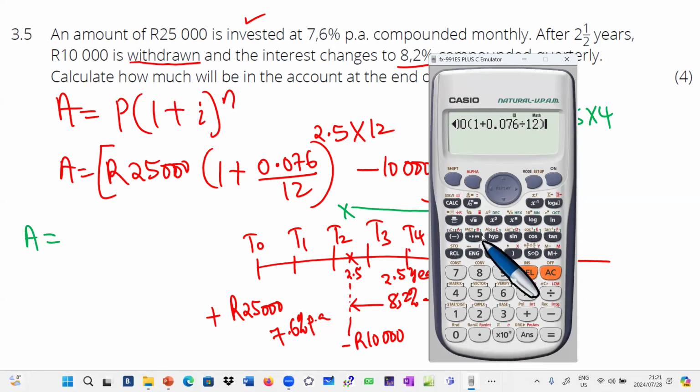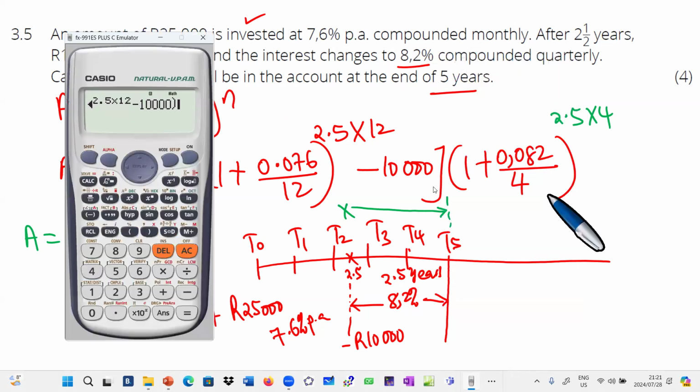You close here and you raise it to the power 2.5 times 12. Like that. So you have here, okay, you subtract 10,000.